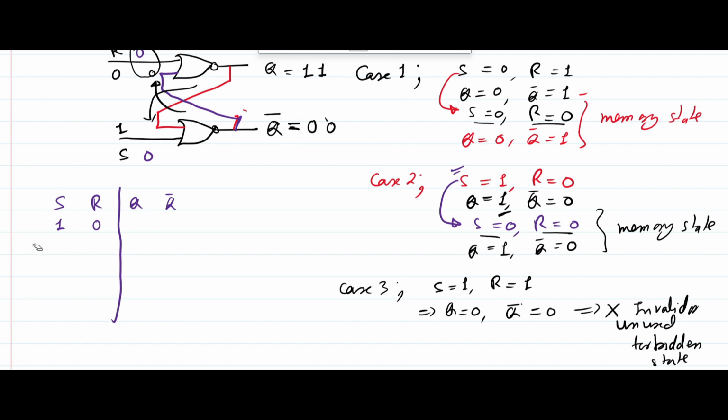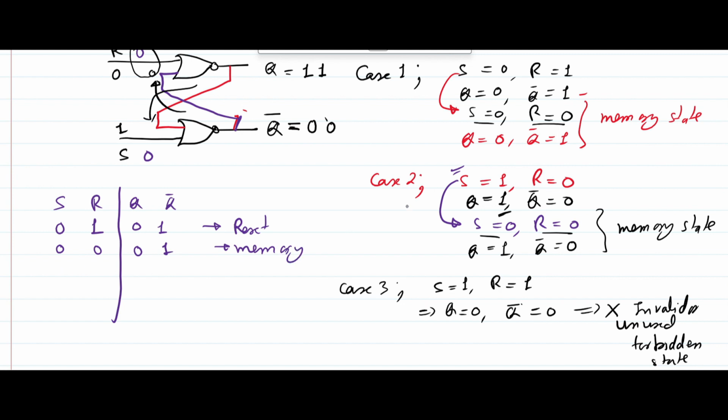Let me start with case 1. In case 1 I took s equals 0, r equals 1, and the output was 0 1. So this is reset because q is 0. After that I put s equals 0, r equals 0, and this gives me q equals 0, q bar equals 1. So this was a memory state.